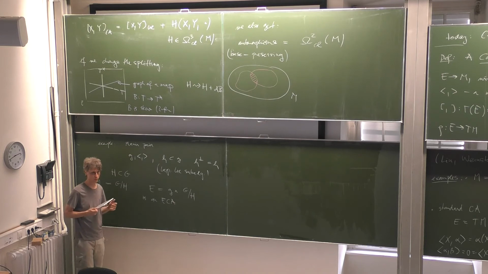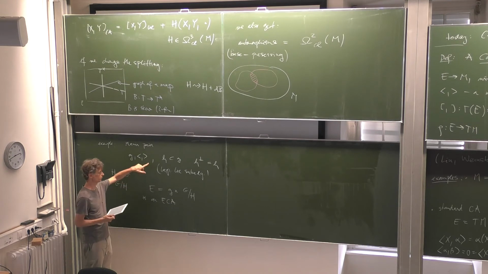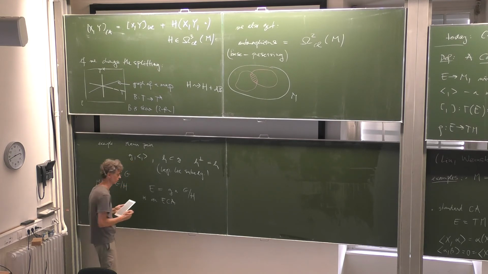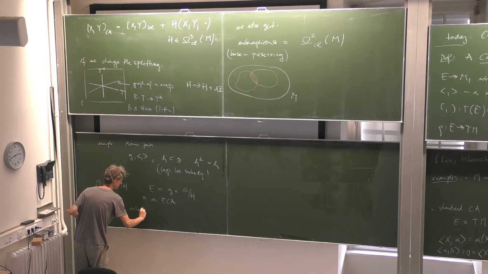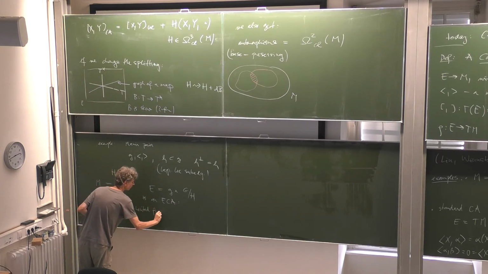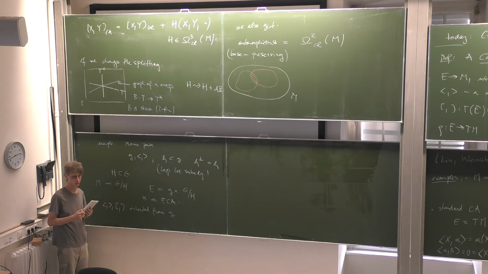So what is this natural way? If you take constant sections, then the bracket and the pairing are just the Lie bracket and the pairing that we have on G. So I can just write that pairing and bracket are inherited from G. So this part is sort of stupid.